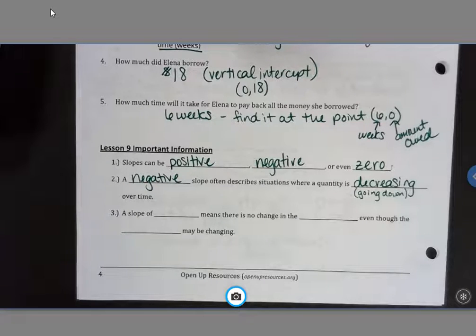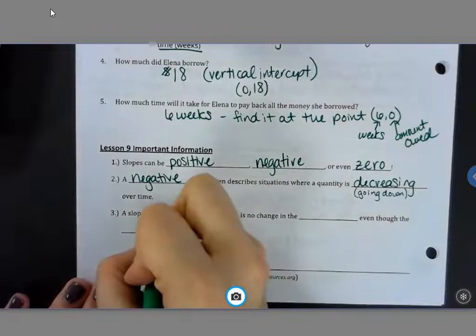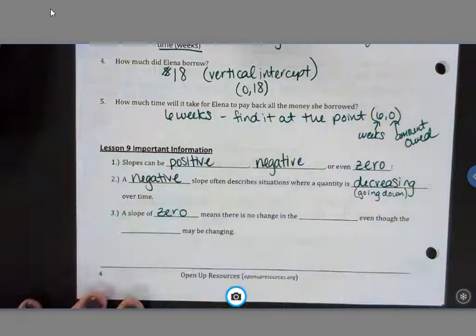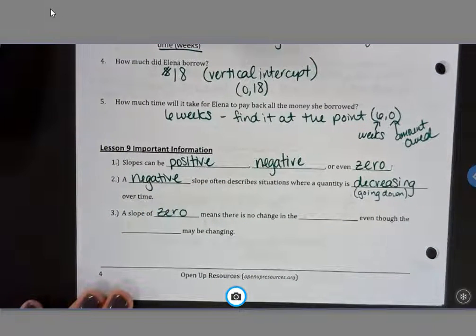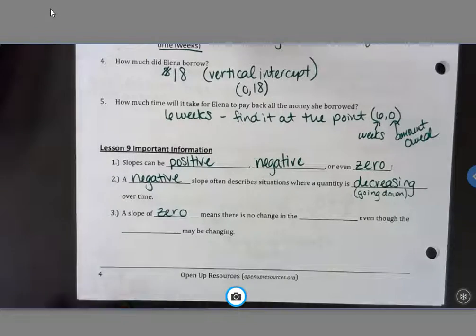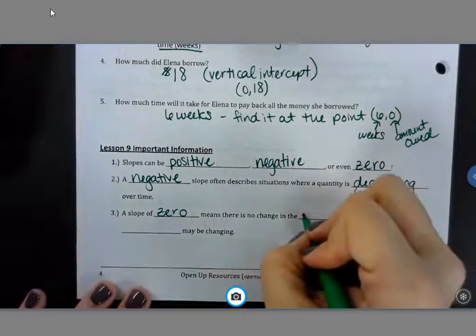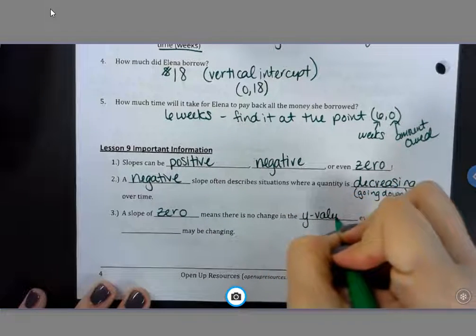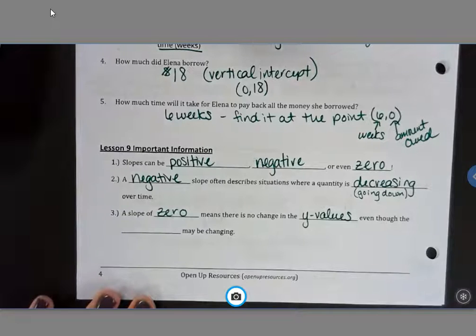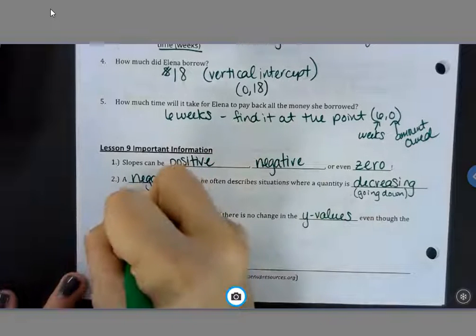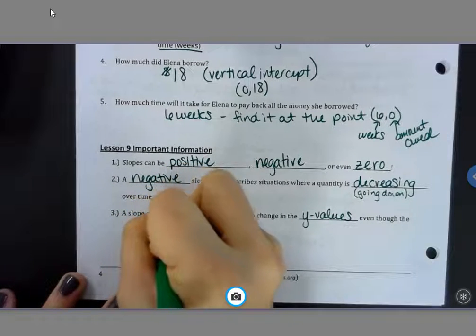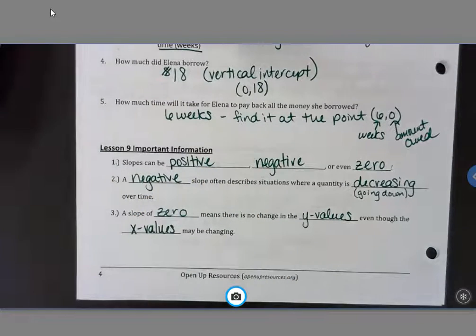And then the last one says a slope of 0 means that there is no change in the y values, even though the x values may be changing.